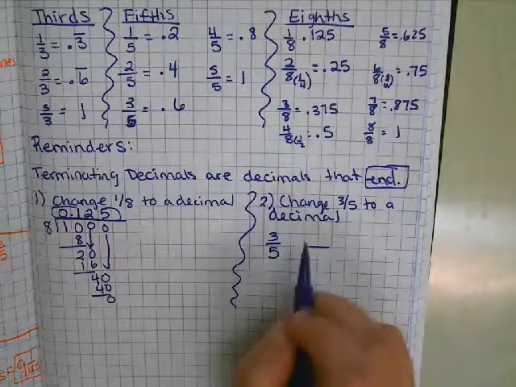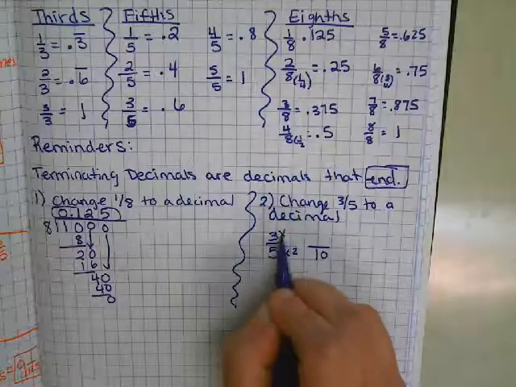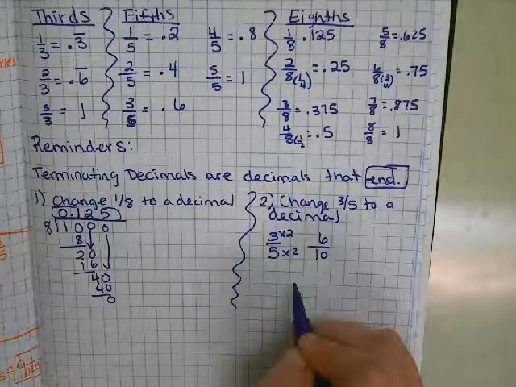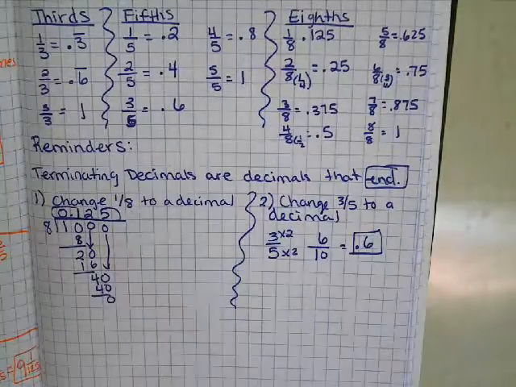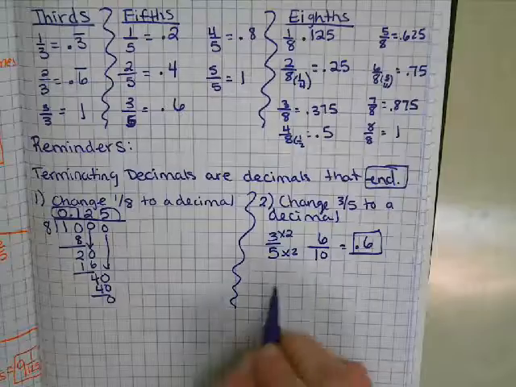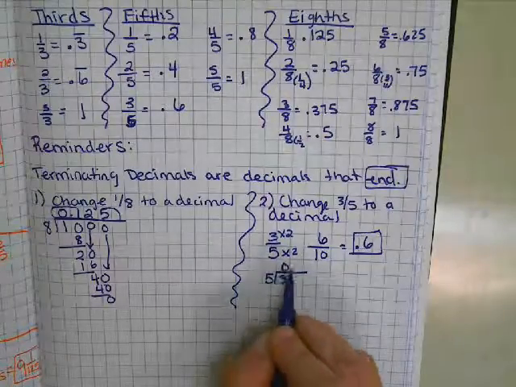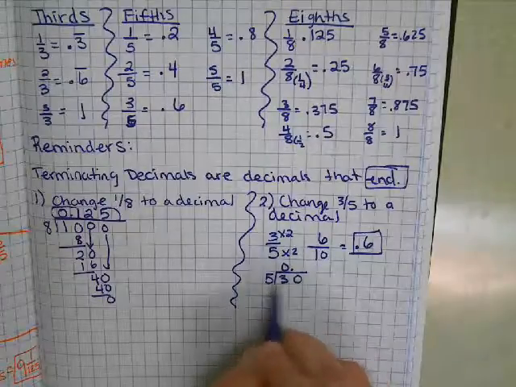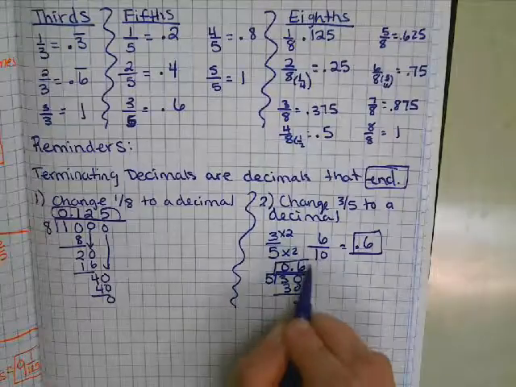Now, one of our easy tools was to get it to a denominator of 10. So times 2, times 2. You got 6/10, which is read as 6/10. But you could have also divided, if you didn't see that shortcut, 5 into 3. 5 can go 0 times, add a decimal, add a 0. 5 can go into 30 6 times. Either way, you get 0.6.